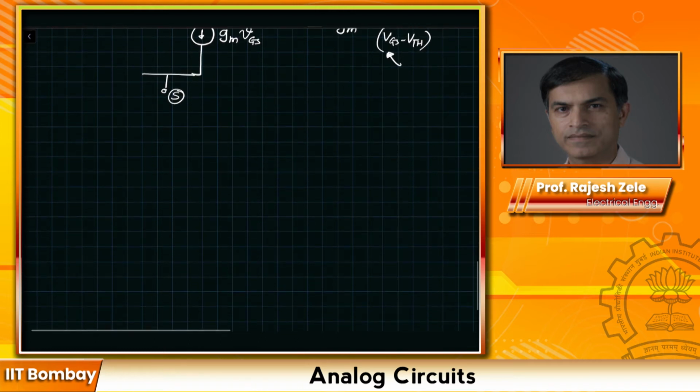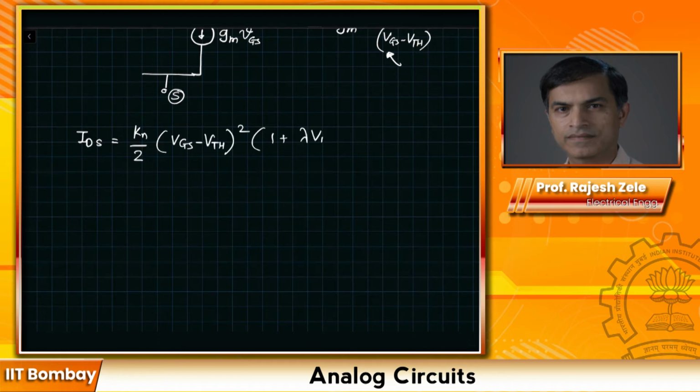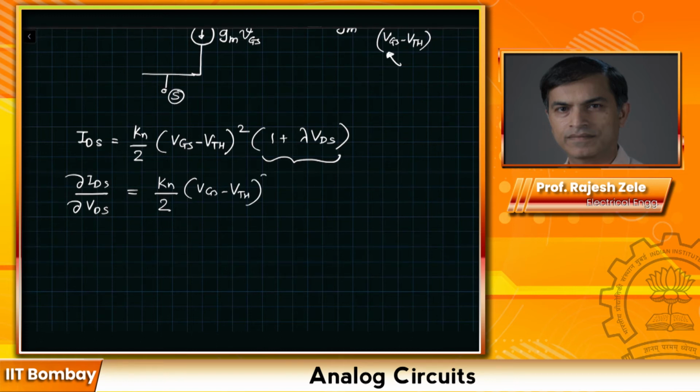If you look at the transistor equation for IDS, we have change in the current due to drain to source voltage change, and that we can capture by taking a derivative of IDS with respect to VDS for fixed VGS, and that would be given by Kn divided by 2 times VGS minus VTH squared, because this is a fixed quantity, and multiply this by lambda of the device.